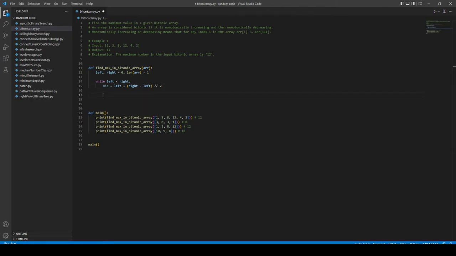Now we need to write the code for determining whether we go left or right in our binary search. This is another difference.